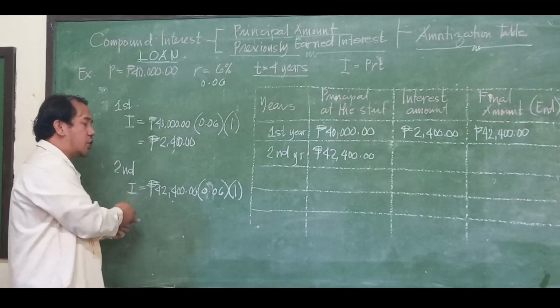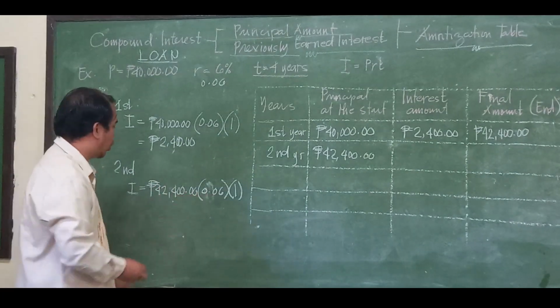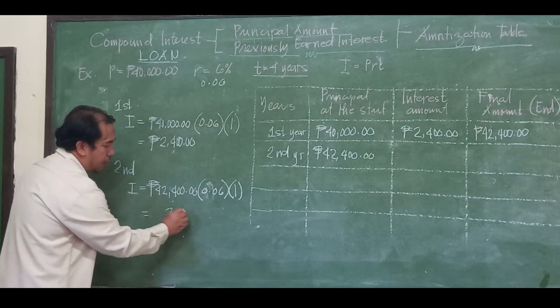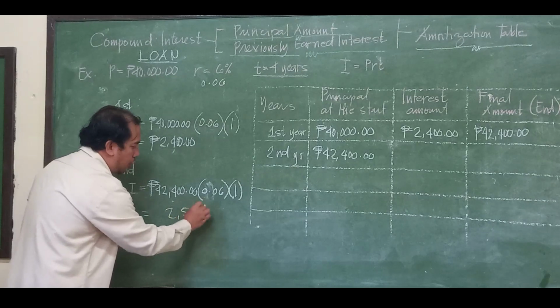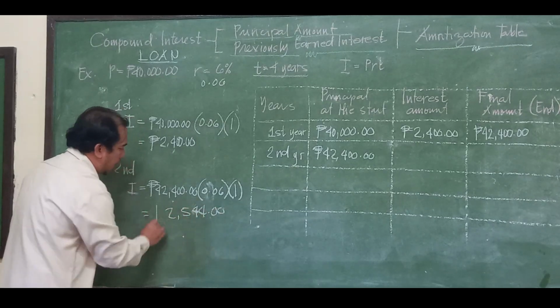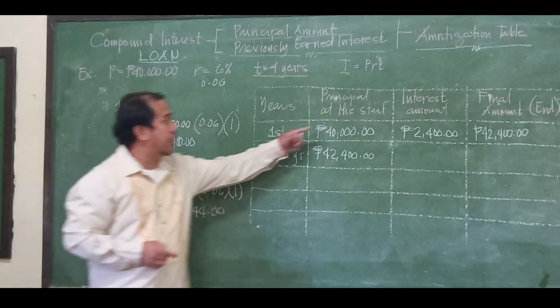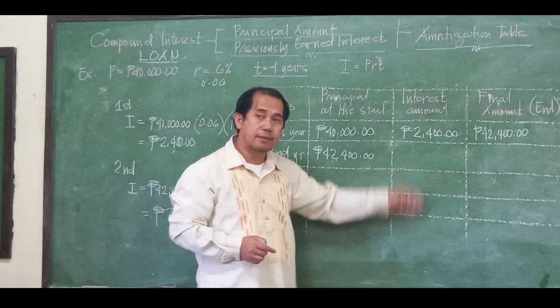So the interest will already be direct multiplication. Would you mind to give that one? 544 pesos. Meaning, in simple interest, this will all be 2,400.